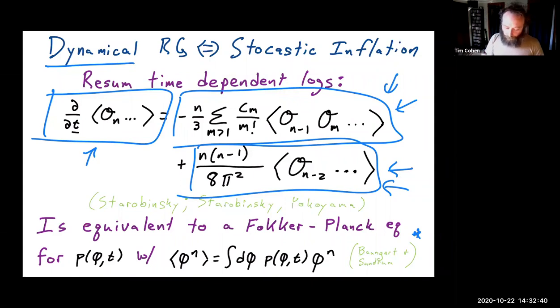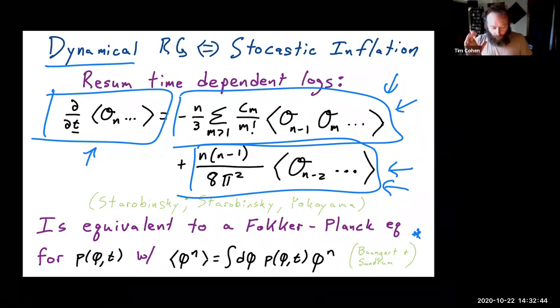So great. What's really nice about this, and why this is a hot topic currently, is because there are a lot of different approaches which are trying to more formally derive Starobinsky's equations that govern the dynamics of stochastic inflation systematically, so we can add corrections.